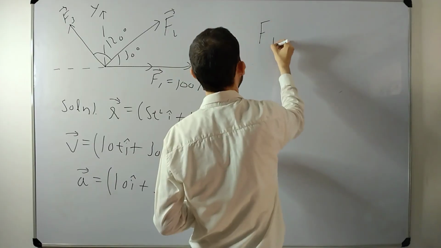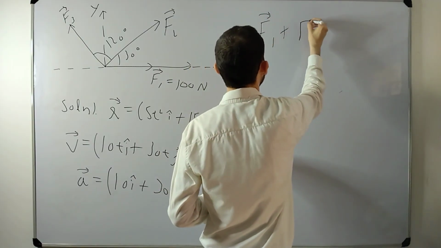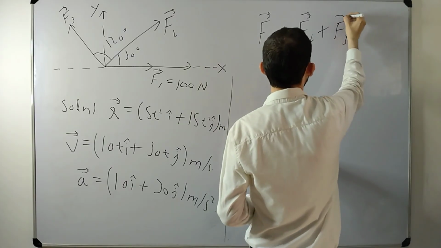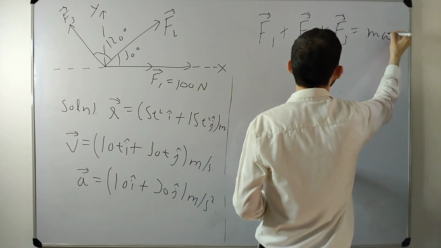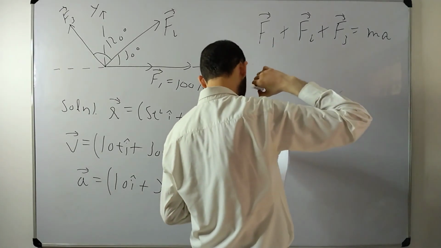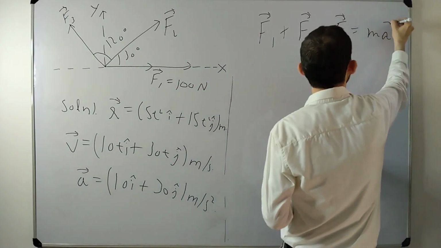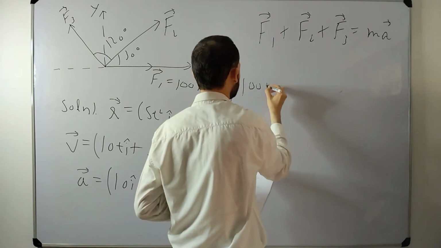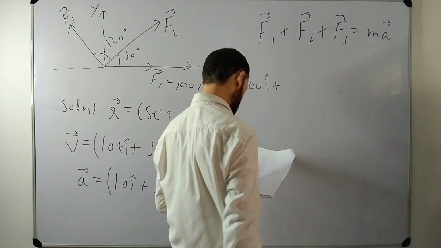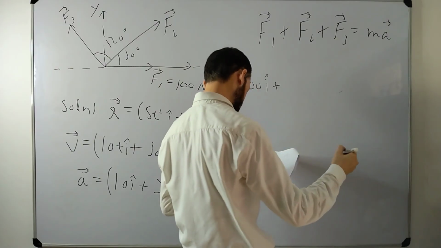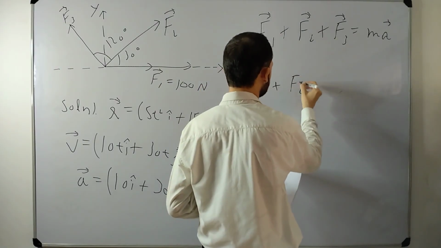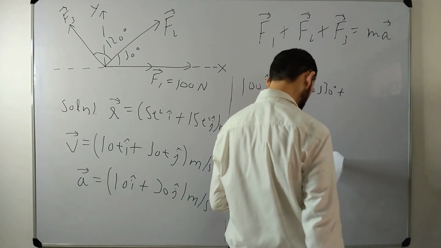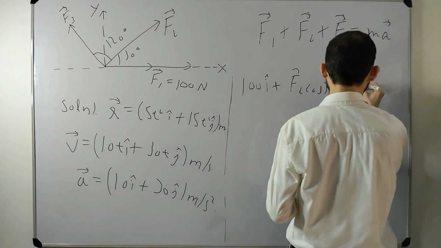F1, given this thing, F1 plus F2 plus F3 is equal to MA. Now put the values here. F1 is what? 100 I cap. And this is F2 cos 30 degree. And this is F2 sin 30 degree.